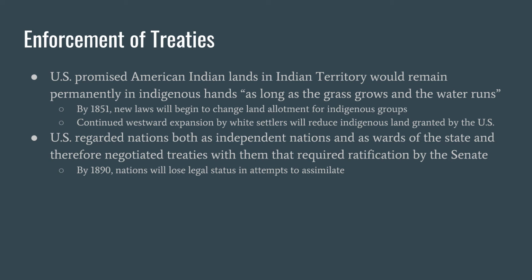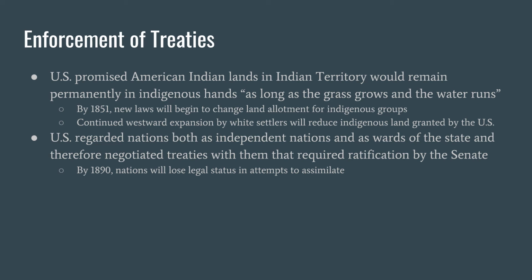However, we're going to see that the United States a lot of the time ignores these treaties, changes these treaties when it benefits them. So the United States, as part of the Indian Removal Act, promised American Indian lands and Indian territory, so all of modern-day Oklahoma, that they would remain permanently in Indigenous hands, quote, as long as the grass grows and the water runs.